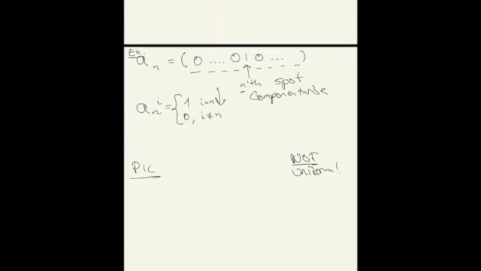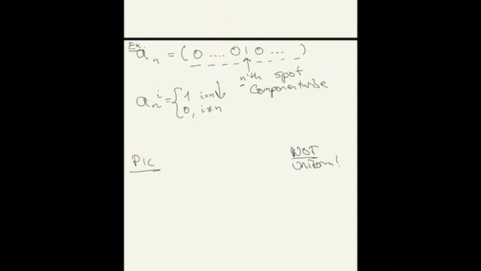So what does this look like? A good way to draw these is this. We have sequences, so that could be thought of as some sort of a function on n, and the graph of a_n would look like it's all zeros up to the nth index when it's 1, and then after that it's again all zeros.